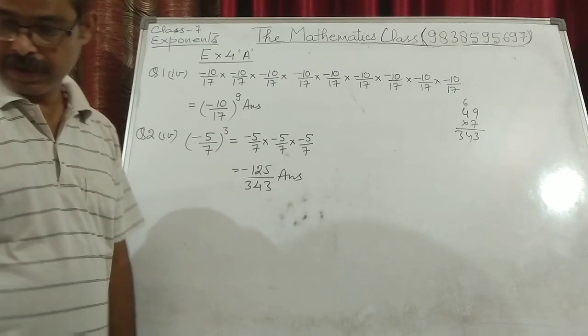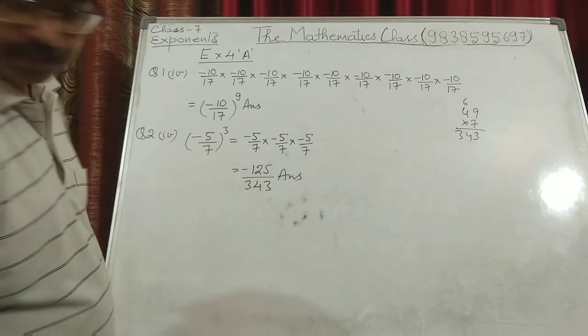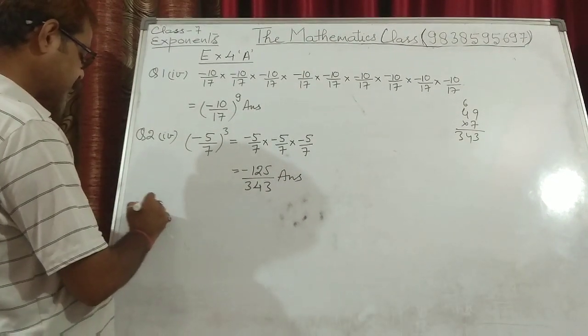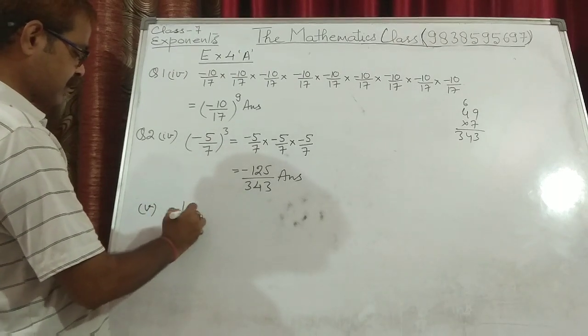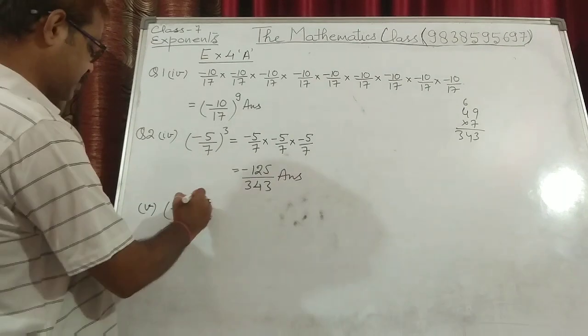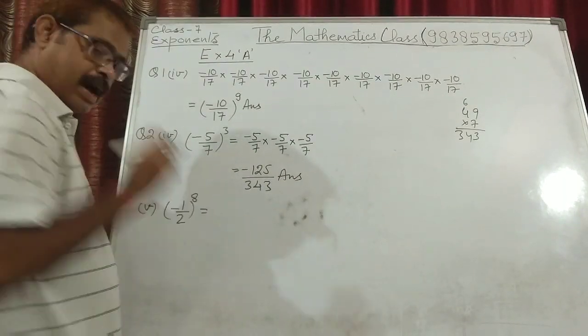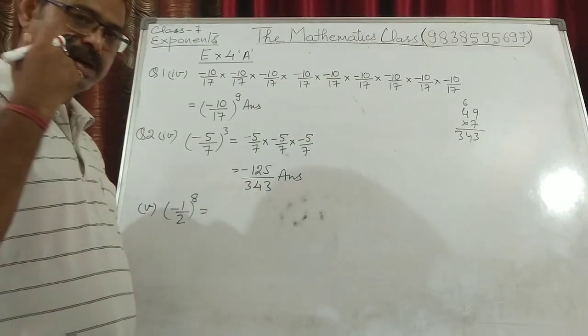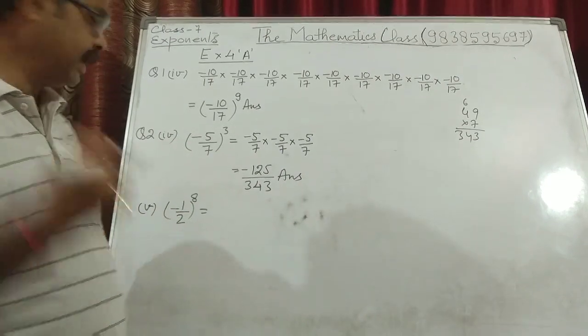Now we will take the fifth part also, that is minus 1 upon 2 to the power 8. It means minus 1 upon 2 is multiplied by itself 8 times.